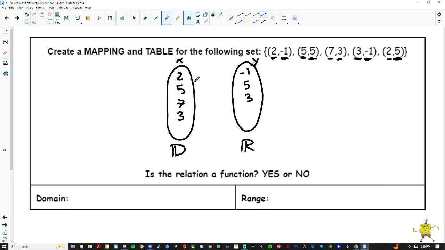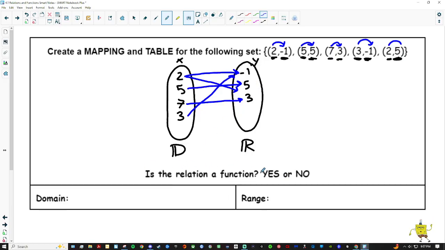Now we're going to draw arrows to connect our points. 2 goes to -1. 5 goes to 5. 7 goes to 3. 3 goes to -1. And 2 goes to 5. Okay.